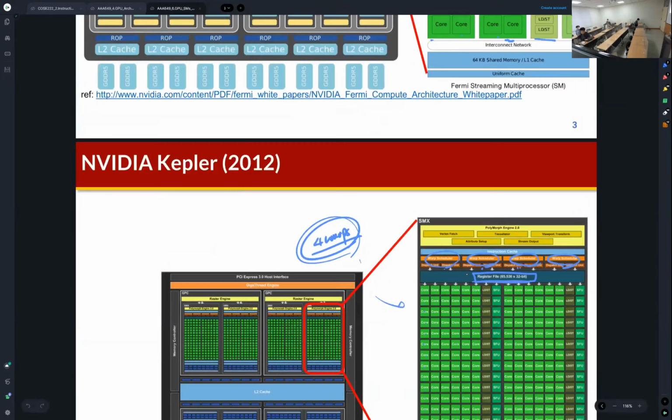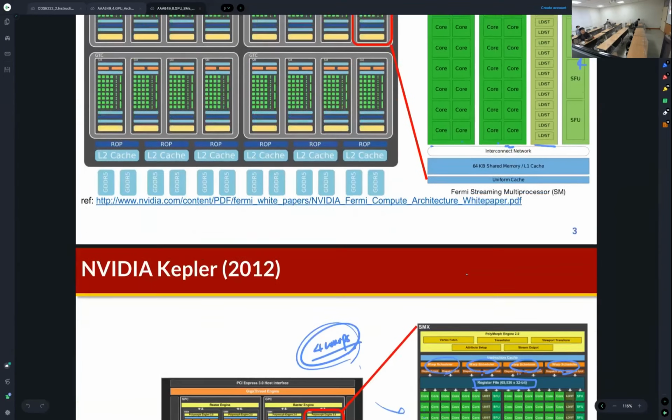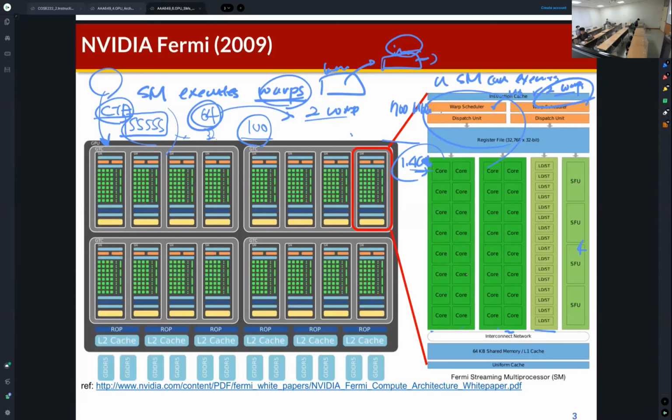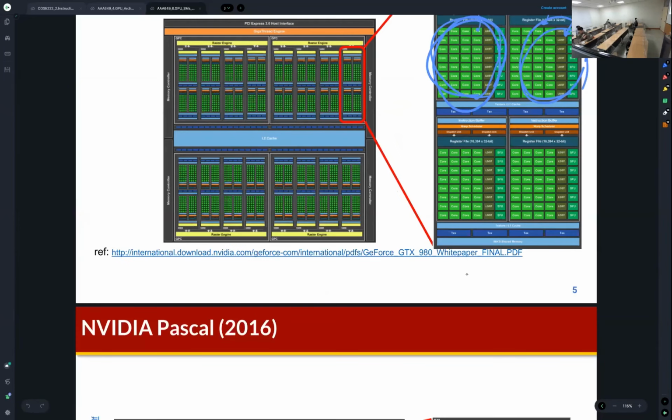So in the previous class, we covered a brief architecture of the NVIDIA GPU streaming multiprocessor. As I mentioned, the streaming multiprocessor is similar to the core of a CPU, and it executes the work.